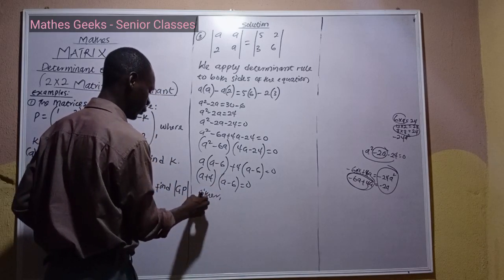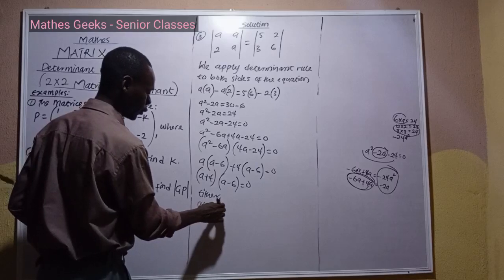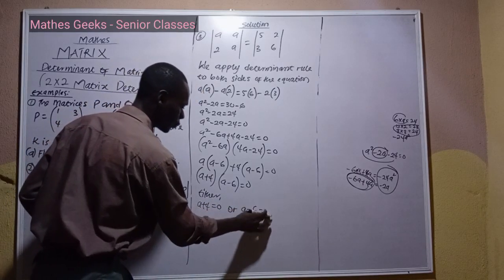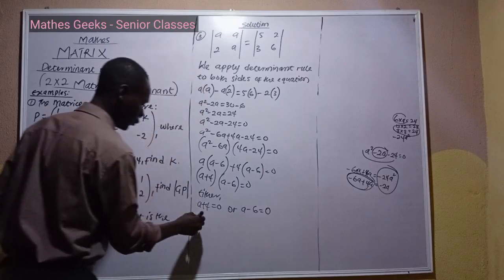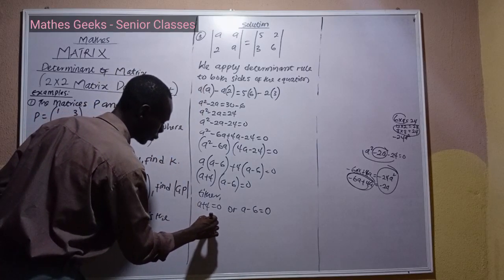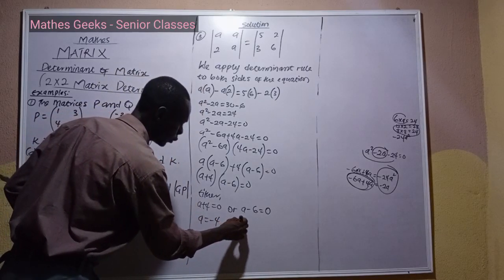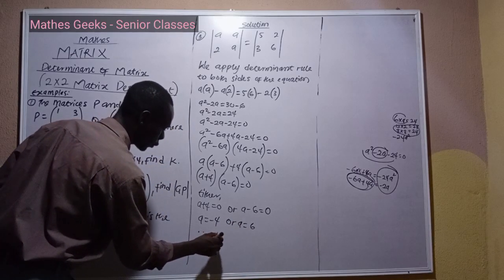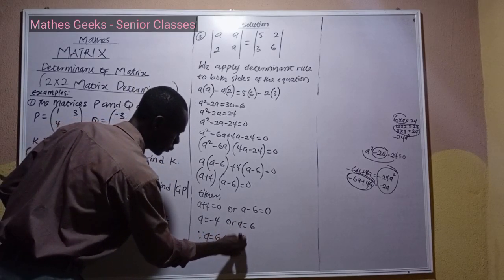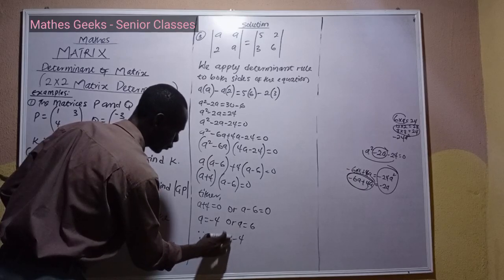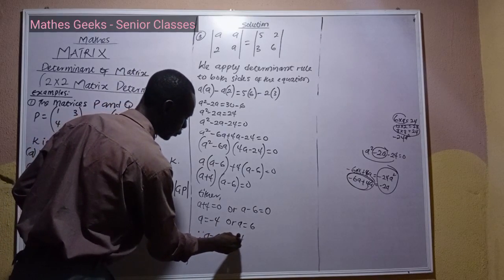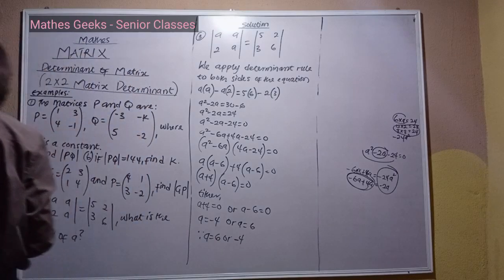Either E plus 4 is 0 or E minus 6 is 0. So E equals minus 4 or E equals 6.